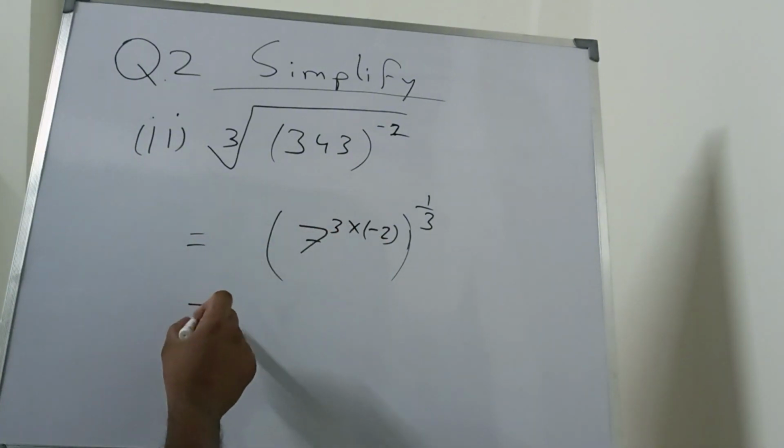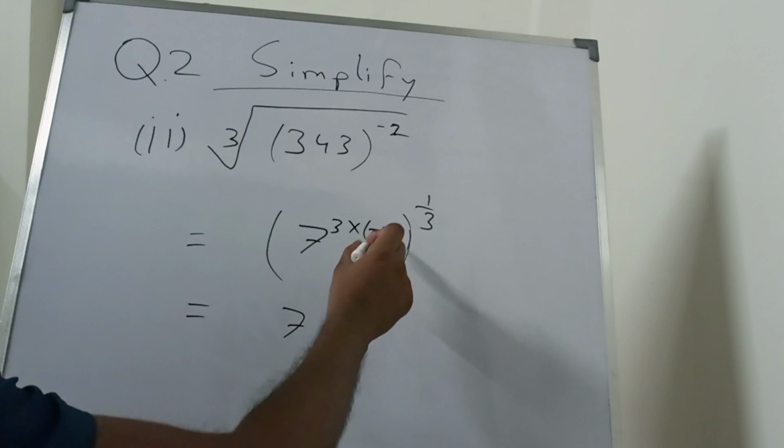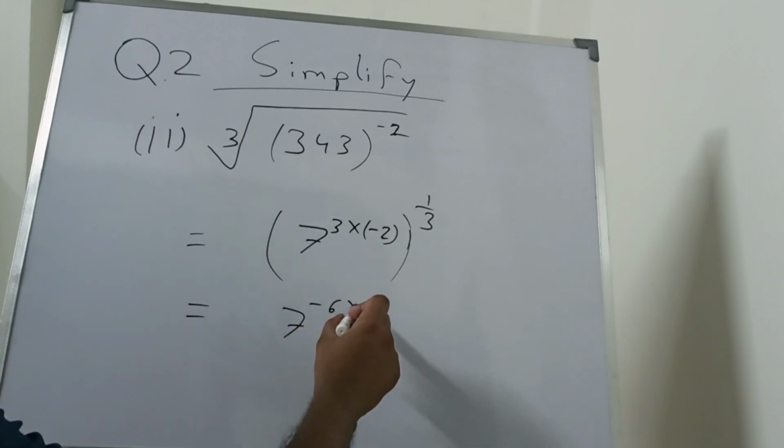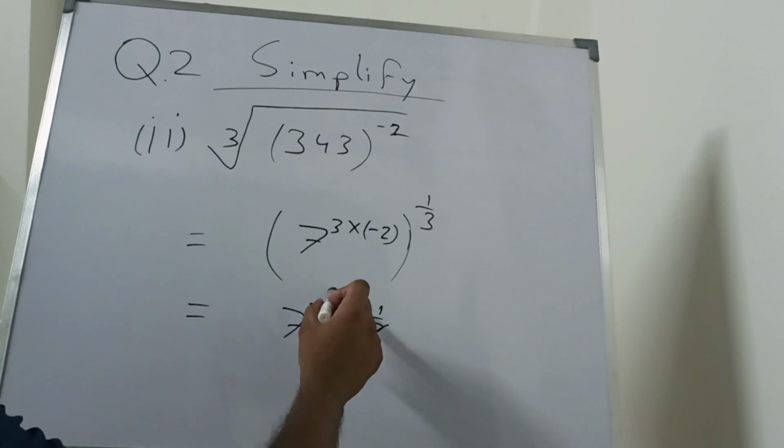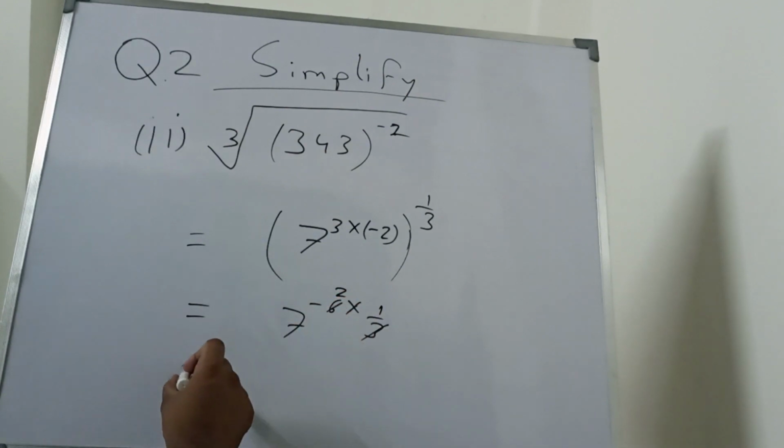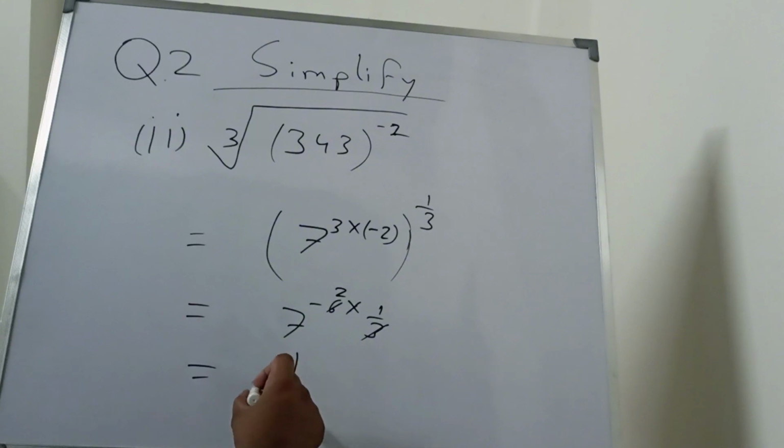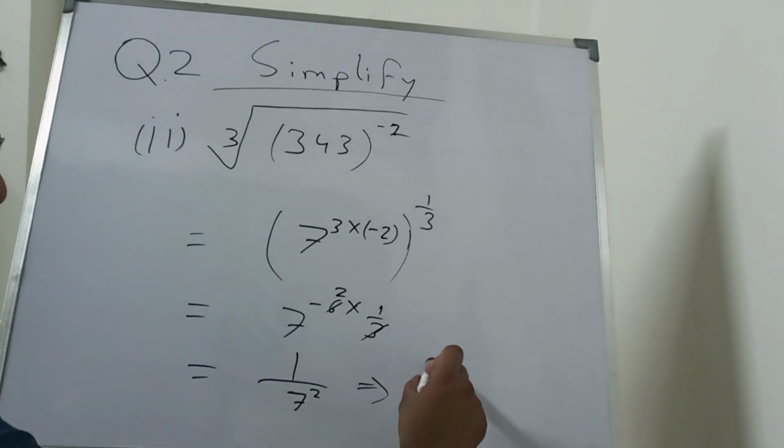So 7 to the power minus 6 into 1 by 3. This 3 and 6 get cancelled, and we are left with minus 2. So 7 raised to the power minus 2 is 1 by 7 square, that is 1 by 49. So that is the answer.